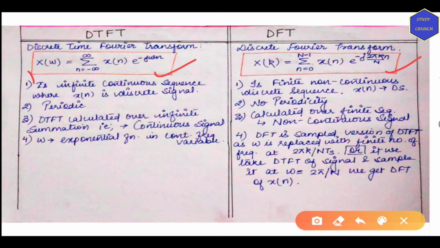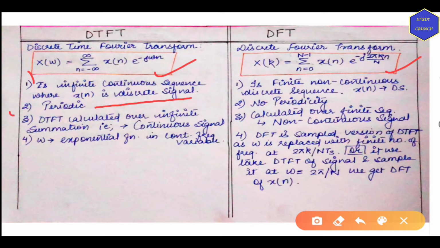DTFT has an infinite continuous sequence where Xn is a discrete signal, whereas in DFT the difference is that it is a finite non-continuous discrete sequence. DTFT is a continuous infinite sequence, while DFT is finite and non-continuous, both are opposite.